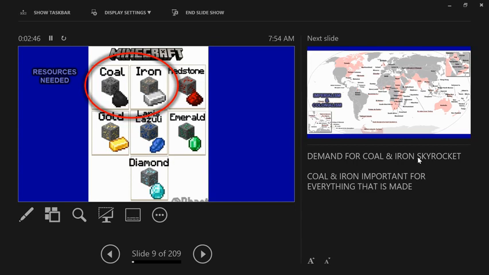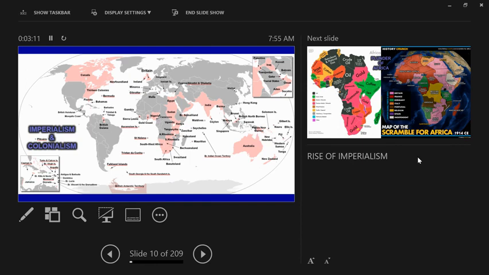It takes coal to burn in the factories to make the machines move, and iron to make the metal parts of these new technologies like trains, new types of ships, automobiles, and more factories. So there's a massive need for coal and iron, which the European nations are getting from their colonies.